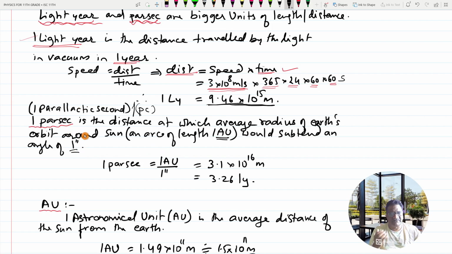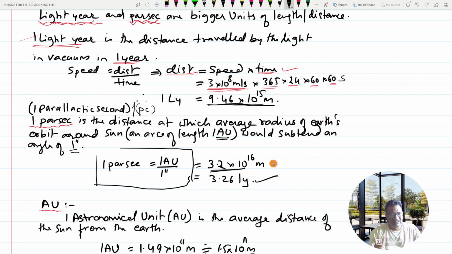By the definition you won't understand much, but I'm just giving a touch to the definition, and I'll make you understand it a bit later during the end of this session. So just remember that 1 parsec is equal to 1 AU upon 1 second. And 1 parsec is equivalent to 3.2 into 10 raised to 16 meter, and it is also equal to 3.2 light year.